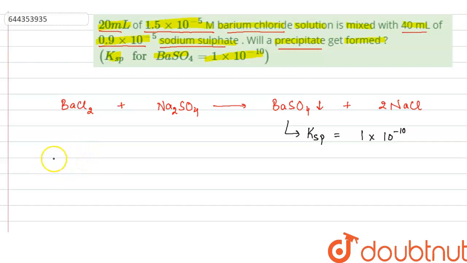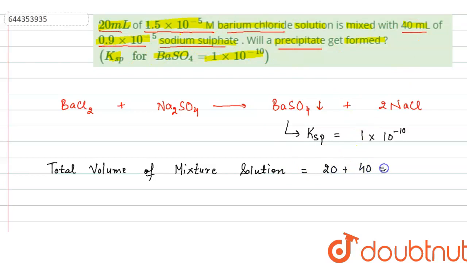So if we find out the total volume of the mixture solution, we have taken 20 ml barium chloride, so 20 plus 40 ml of sodium sulfate, it will be equal to total 60 ml.